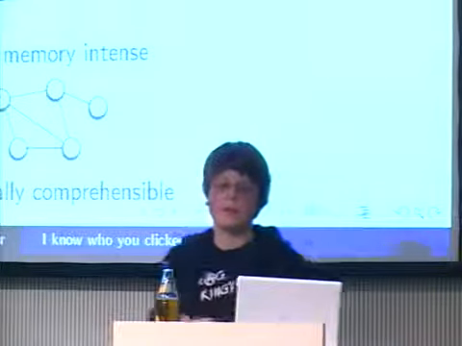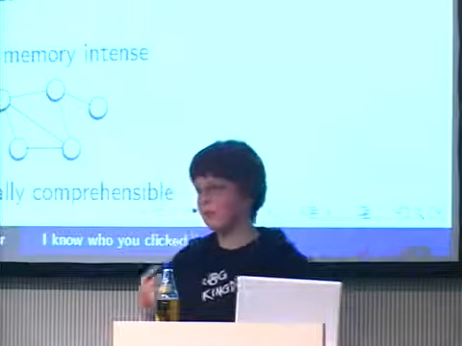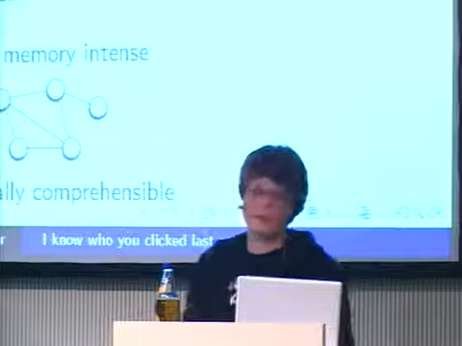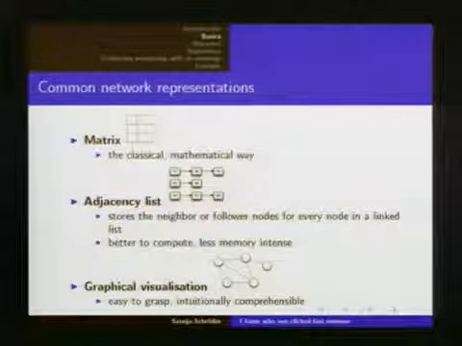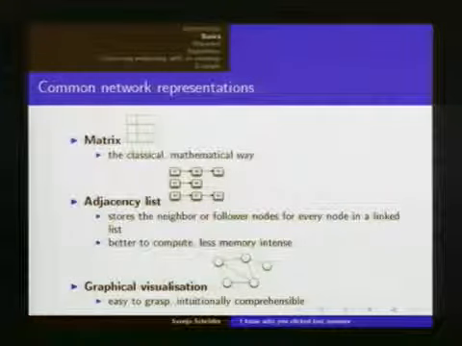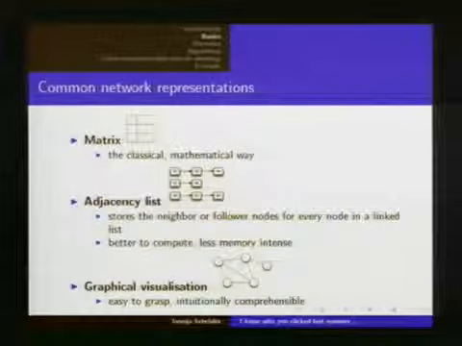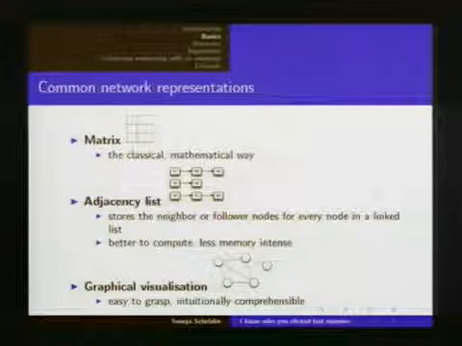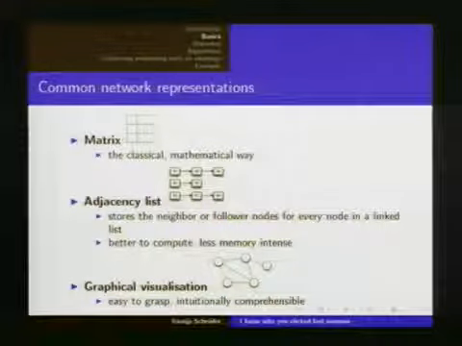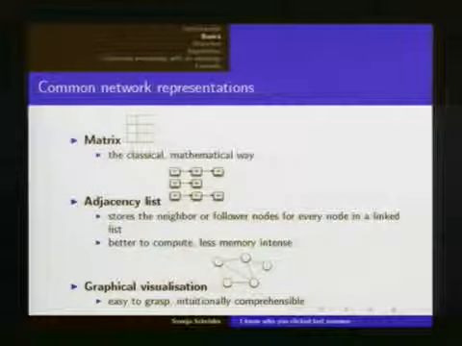There are some common network representations, as you maybe know from graph theory. It's of course the matrix. It's the classical mathematical way, but most of the time, if you have to compute a large matrix, you get very many memory problems. Because if you have 400 actors, it's 400 by 400, which is a lot to compute.